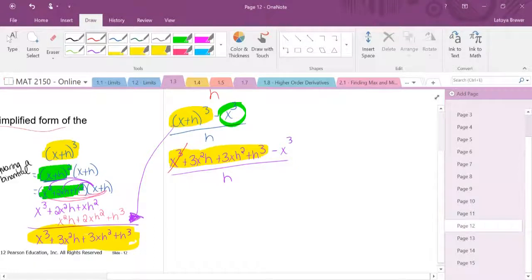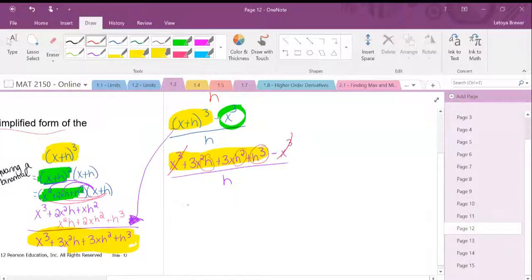I have x cubed, and then at the end I subtract an x cubed. So I'm just going to cross those out. I don't have any other like terms up here. But what I notice is that each one of these includes an h. That will always be true once you get to that step. If that's not true, then you did something wrong and you need to go back and check your work.